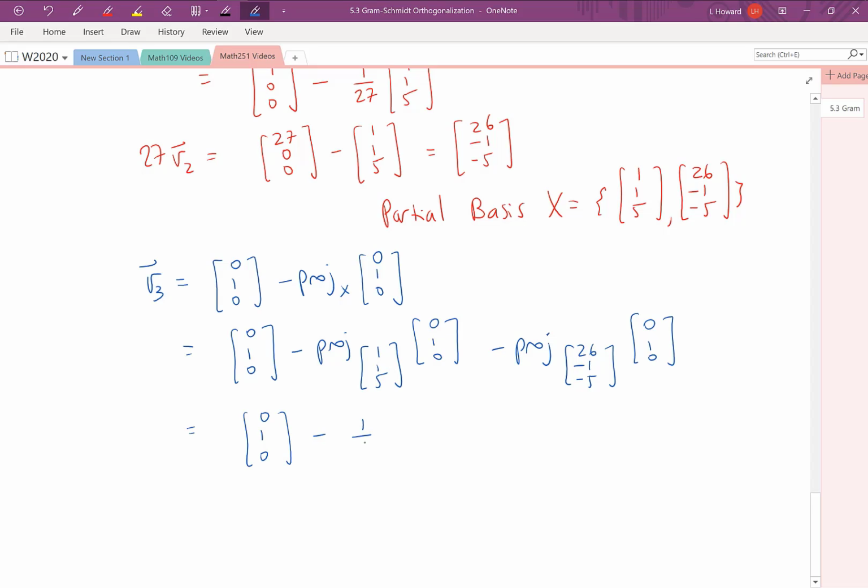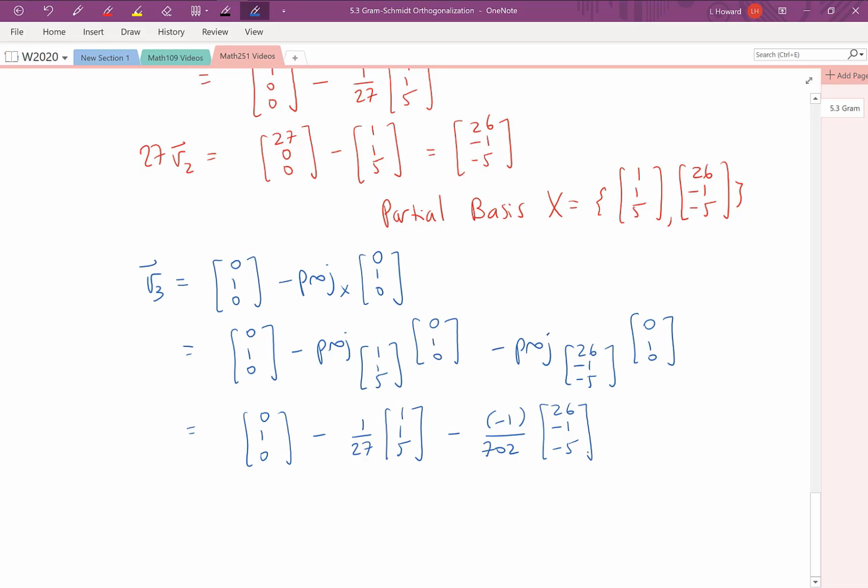Length squared of 115 is 27 and it's about the vector that we are projecting onto. Okay, and then we're going to go minus projection onto our second basis vector, so that's going to be -1. You can check on your calculator. If you do length squared of the second basis vector, it's 702, and that's going to be in the direction of that second basis vector.